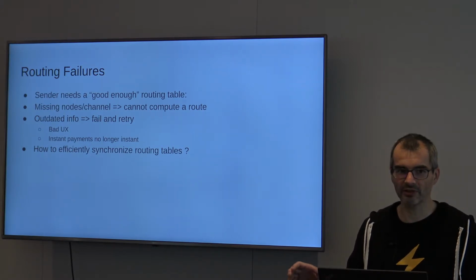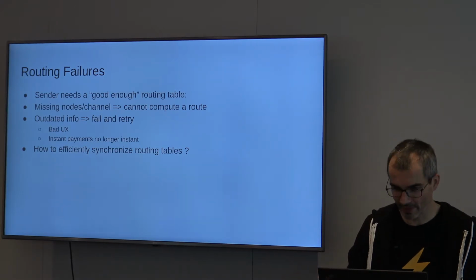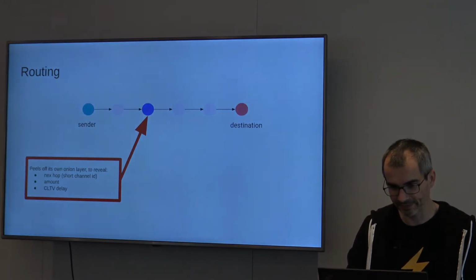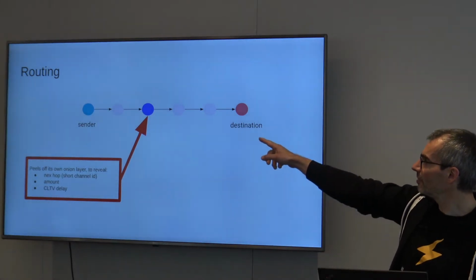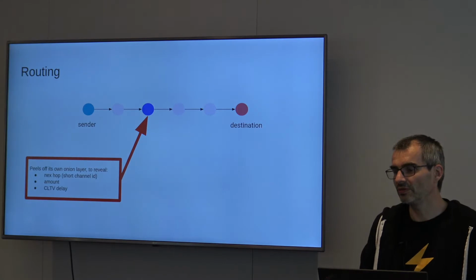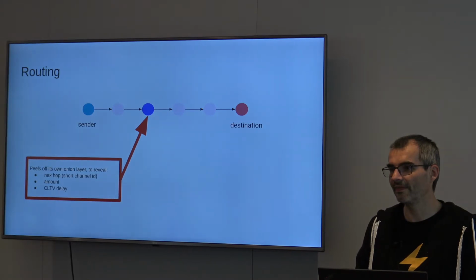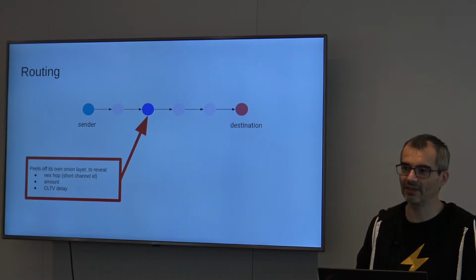There's something that was, I think, not mentioned by Alex when it comes to incentives. But if you look at this, what do you think the node in the middle needs to know about the network? What kind of routing table does it need to have to forward payments? Does it need to have good information on the network to be able to forward payments? It doesn't need anything.